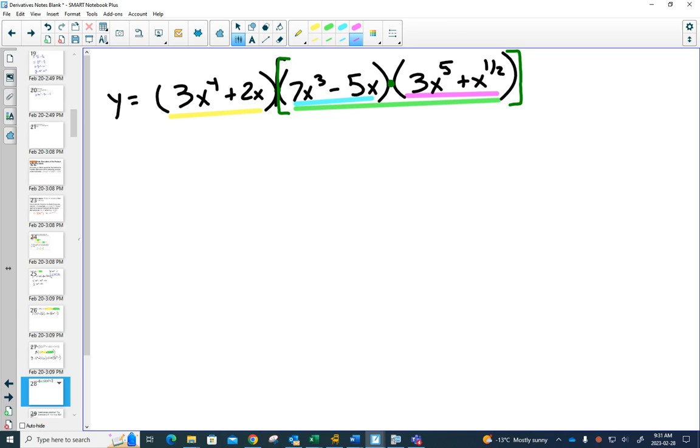So the product rule says keep one the same, derivative of the second one, keep the second one the same, derivative of the first one. So let's apply just those words to this question. I keep the first one the same, which is my yellow one, 3x to the 4 plus 2x, multiplied by the derivative of the second one.